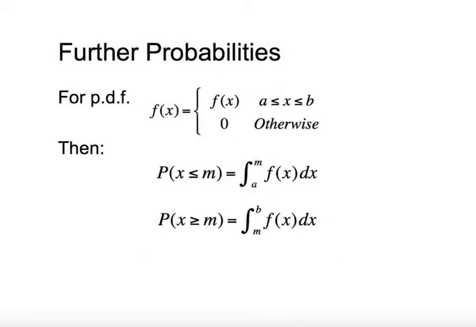There are some further particular probabilities that we could find. We could find a probability x is less than m, in which case we integrate from the lower bound up until our value m. Or we could find a probability of x greater than or equal to m, in which case we'd integrate from our lower value m up to our upper bound b.